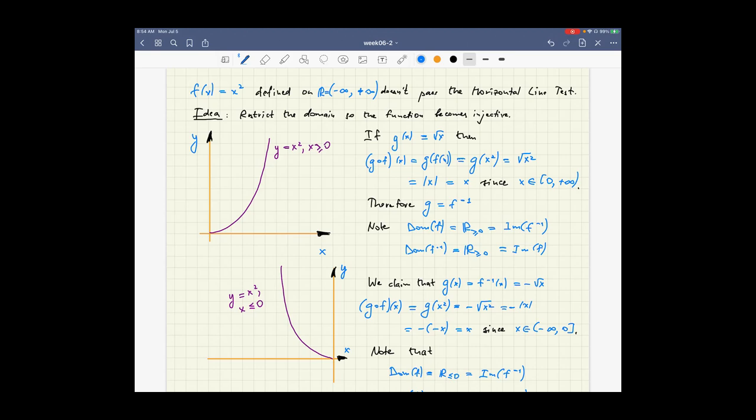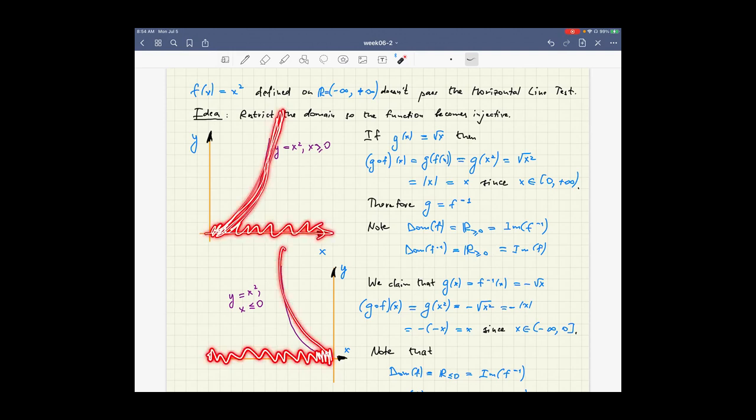The idea that we used was to restrict the domain of our function from the entire real line to something smaller. For instance, reduce it to the set of non-negative real numbers or to the set of non-positive real numbers. Then our function becomes injective, and that injective function, viewed with appropriate codomain, so that it's also surjective, will be bijective and therefore having a unique inverse.